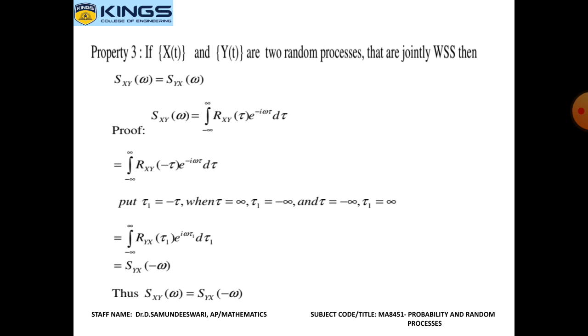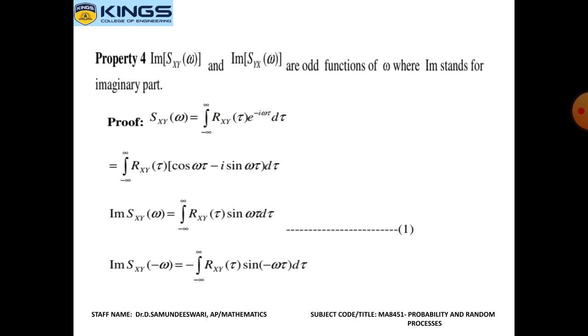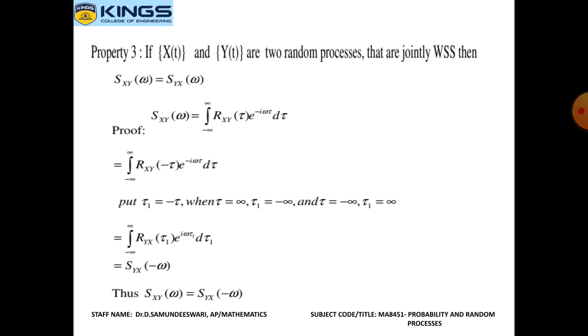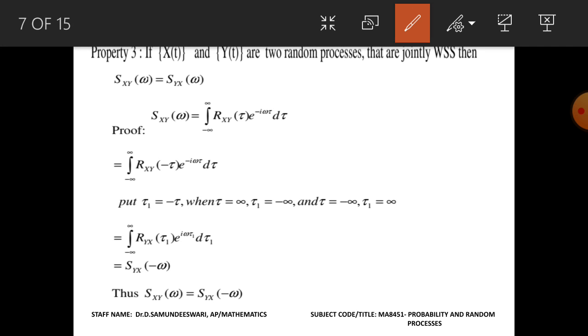Okay, right? Next, property 3: if x of t and y of t are two random processes that are jointly WSS, then Sxy of omega equals Syx of omega. So if both are jointly WSS processes, then we are going to prove that the cross spectral densities Syx and Sxy are equal. How can we prove this?